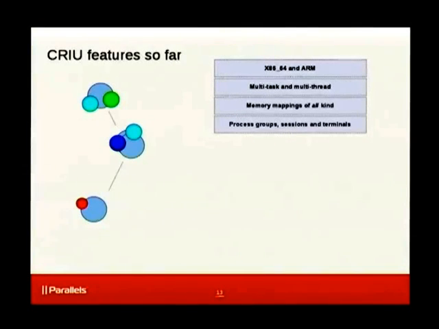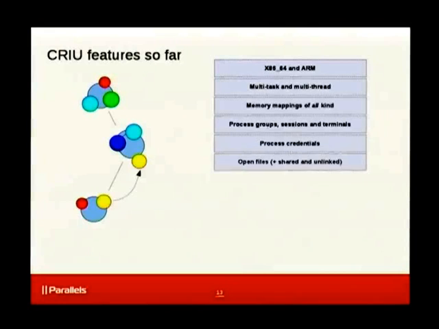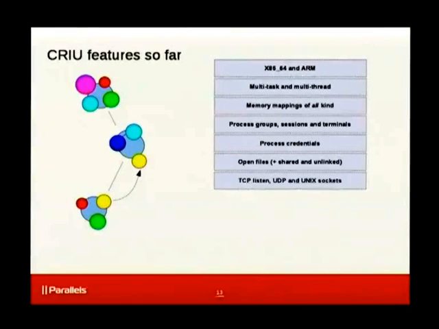It supports process groups, sessions, and terminals, so you can dump, for example, a screen with tasks hanging around. It supports process credentials. It supports open files, including files that are shared between processes or that were opened and then unlinked. This is quite a typical scenario for various daemons.